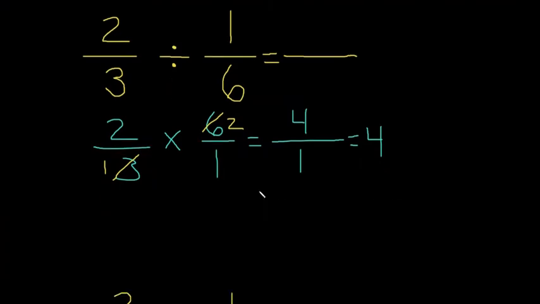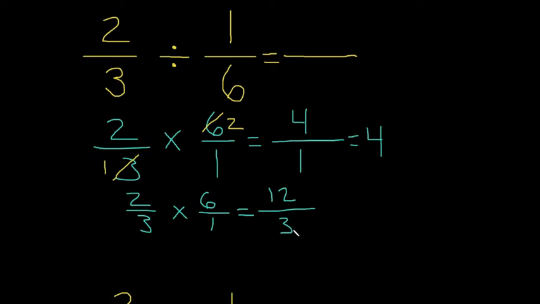And if we didn't do it that way, if we did 2/3 times 6 over 1, and we simply multiplied straight across, 2 times 6 is 12. 3 times 1 is 3. And we can look at this as 12 divided by 3, which is 4.